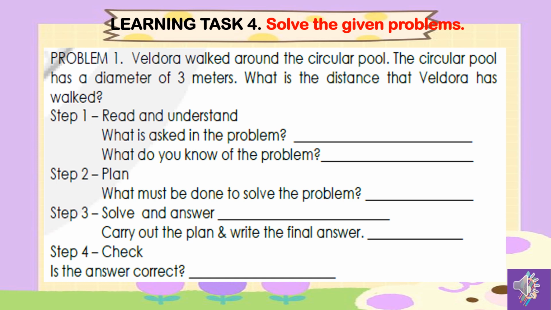Step 2, plan. What must be done to solve the problem? And step 3, solve and answer. So carry out the plan and write the final answer. And then for step 4, you have to check whether your answer is correct. Okay, so let us now solve.